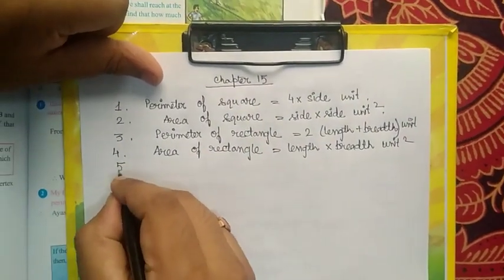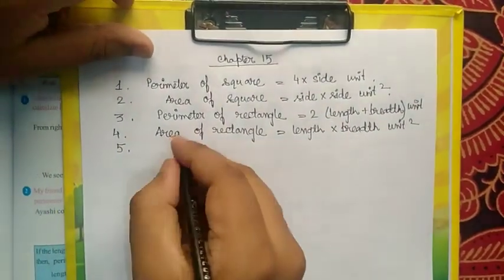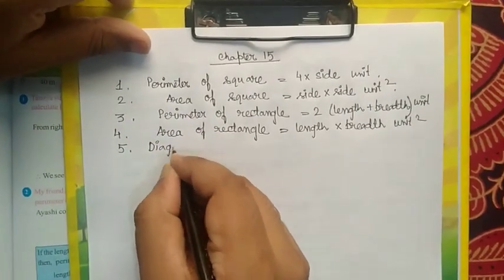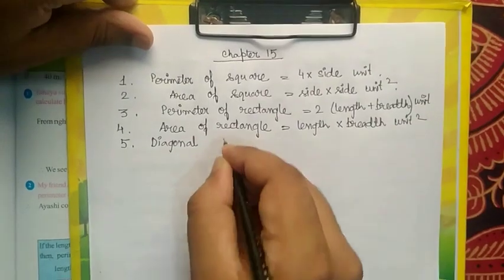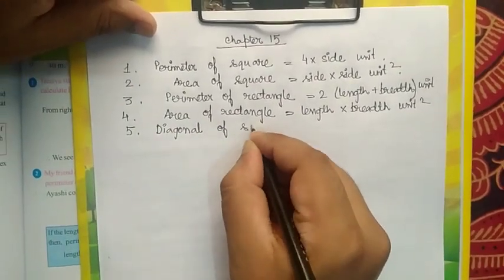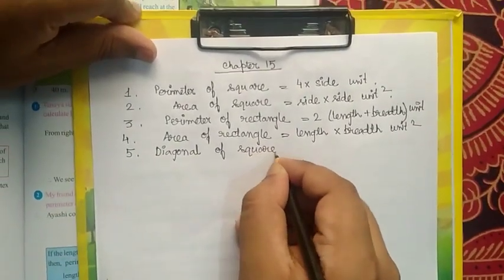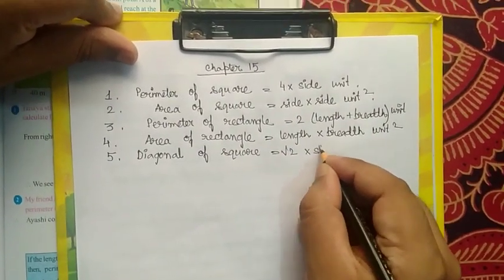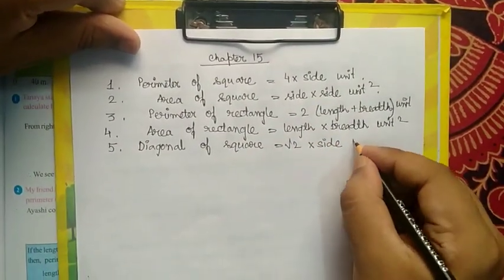Now diagonal of square. Diagonal of square should be √2 into side unit.